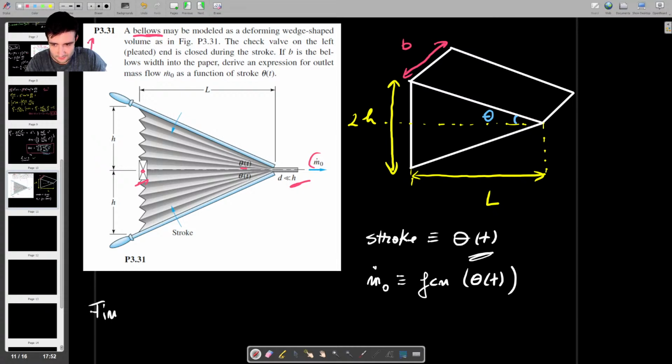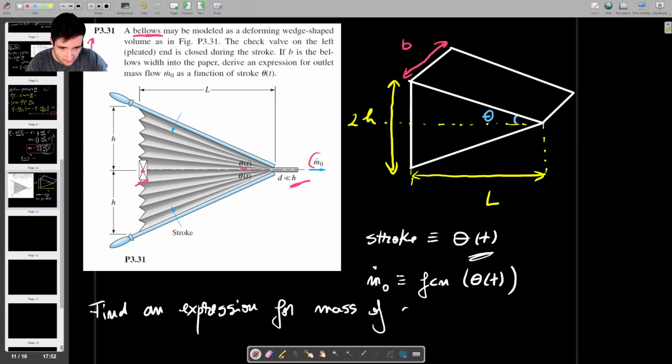I'm gonna find an expression for the mass of air inside the, what's the name, bellows.